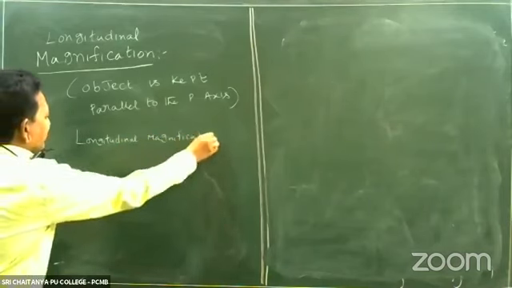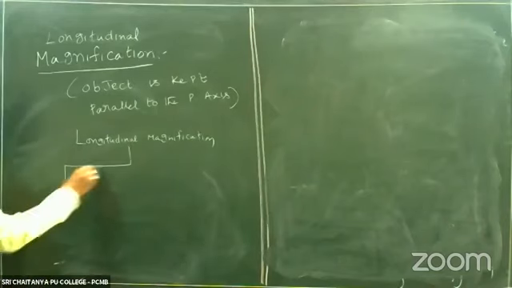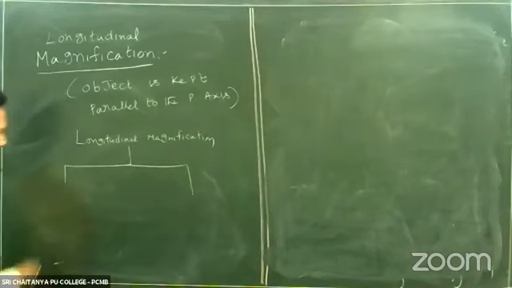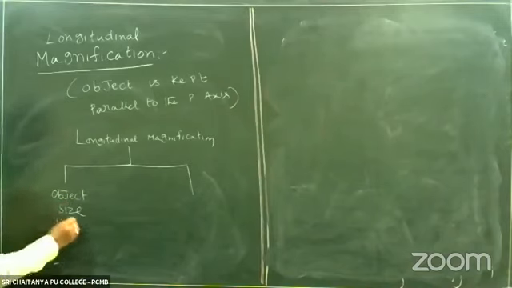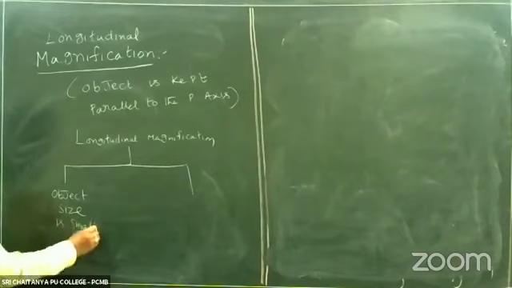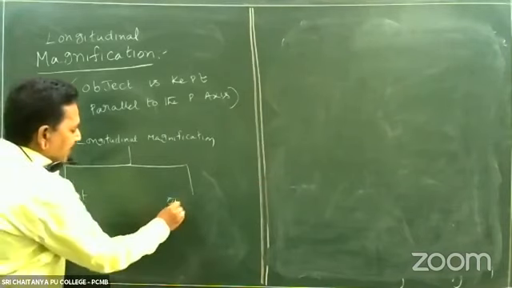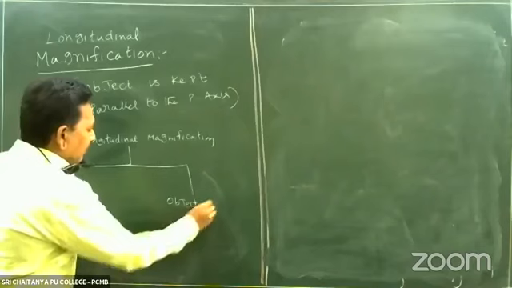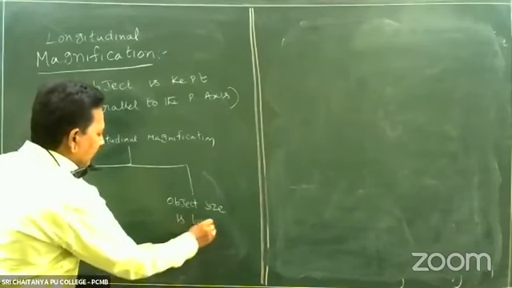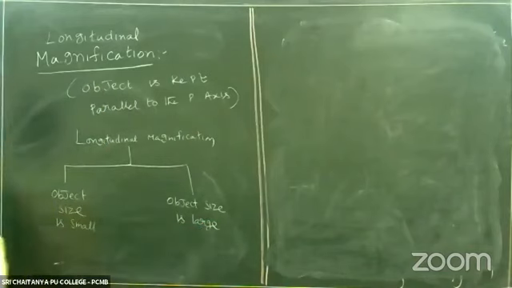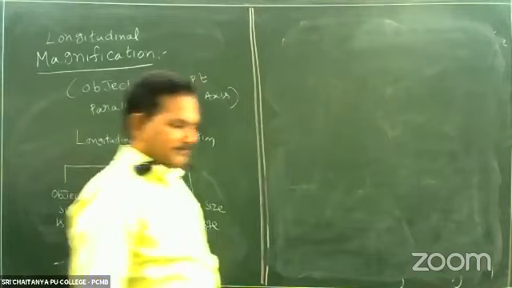Two cases. Case 1, object size is small. One method. When the object size is large compared to the object distance, another method of calculation.